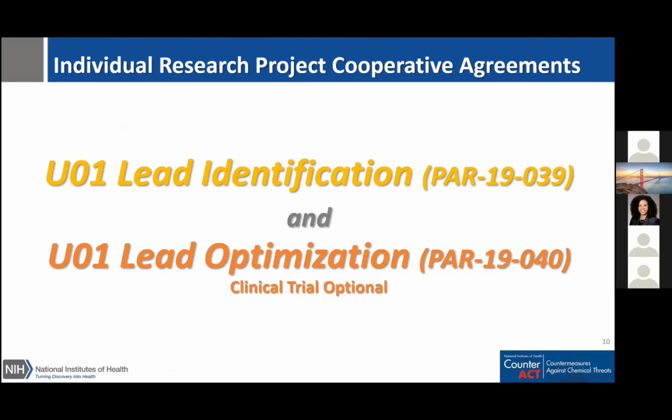As Dr. Spriggs mentioned, there are 2 cooperative agreement funding opportunities through CounterACT that are intended for individual researchers. These are the U01 grant mechanisms that support research to either identify or optimize a lead compound. I'll elaborate on the first one.